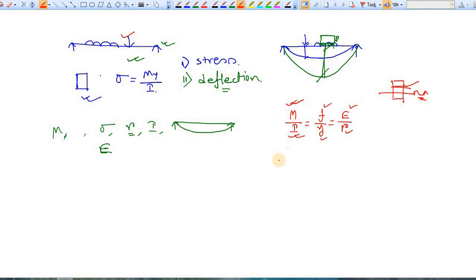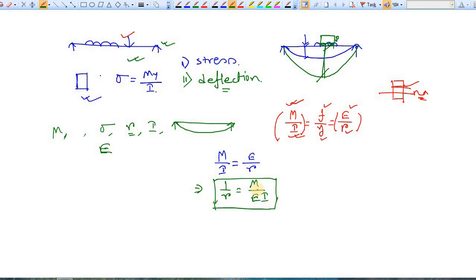Okay, and from this formula, if we combine these two, we can get that M by I is equal to E by R, and from that we can say that 1 by R is equal to M divided by EI. Okay, so this is already known to you.